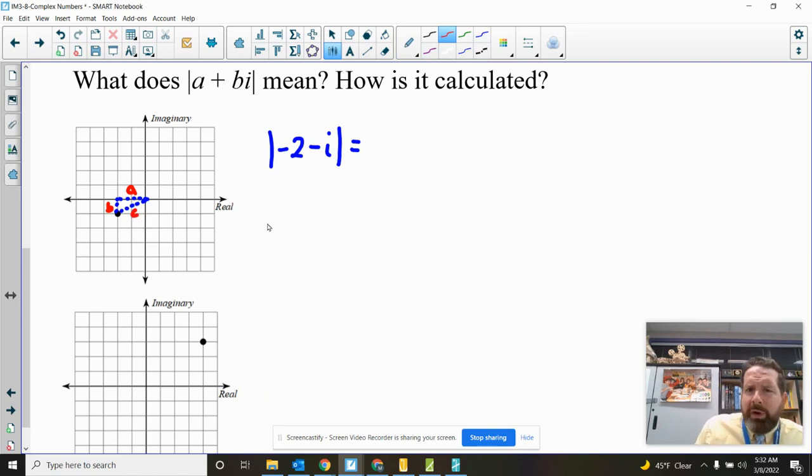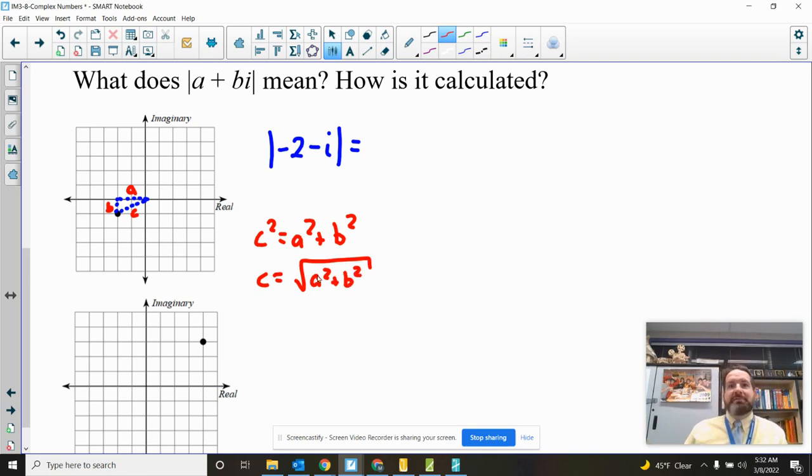So let's just think for a moment about how this is going to work out. A squared plus B squared equals C squared. That's your Pythagorean theorem. So C is then just the square root of A squared plus B squared. That's how you find the absolute value of a complex number. So in our example, the A is negative 2.